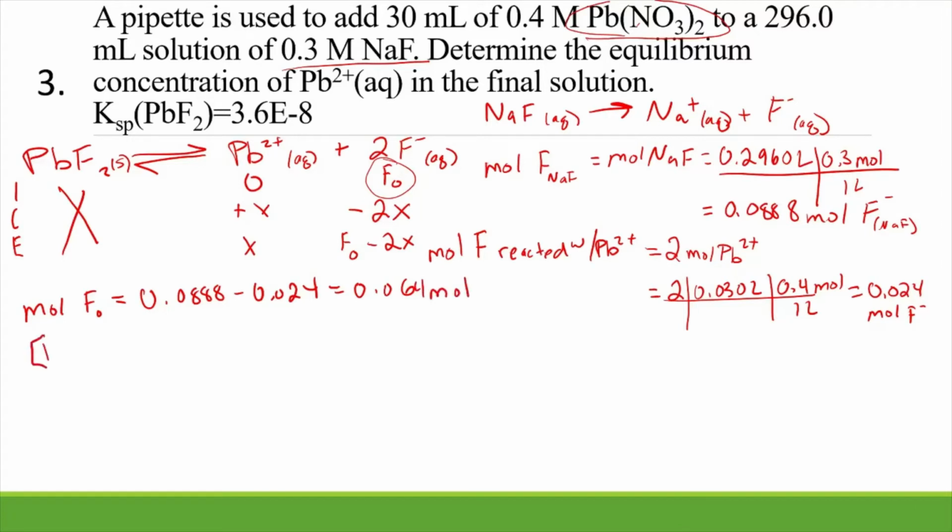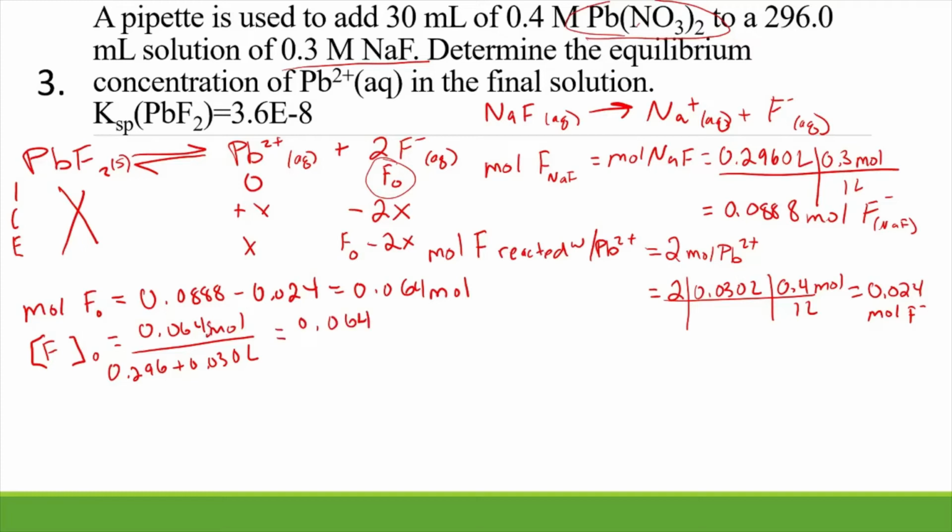Then our concentration in molarity for F0 is 0.064 moles divided by our total volume, which is 0.296 plus 0.030 liters from the two solutions.